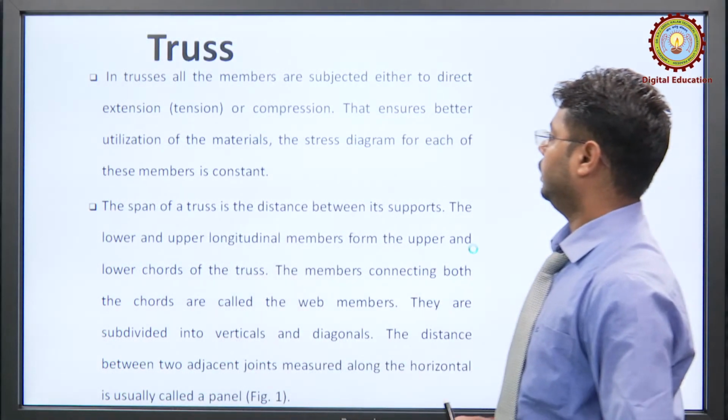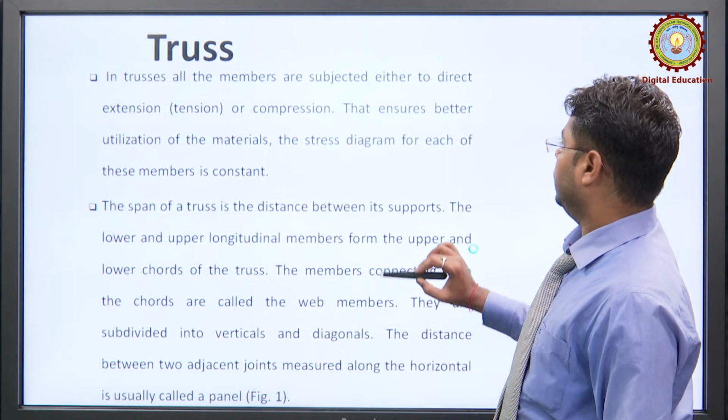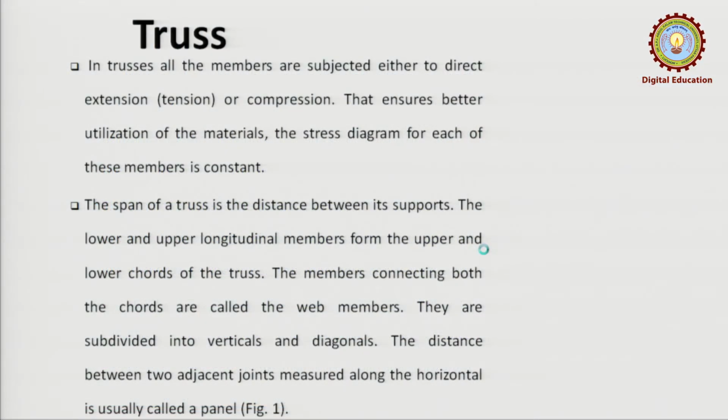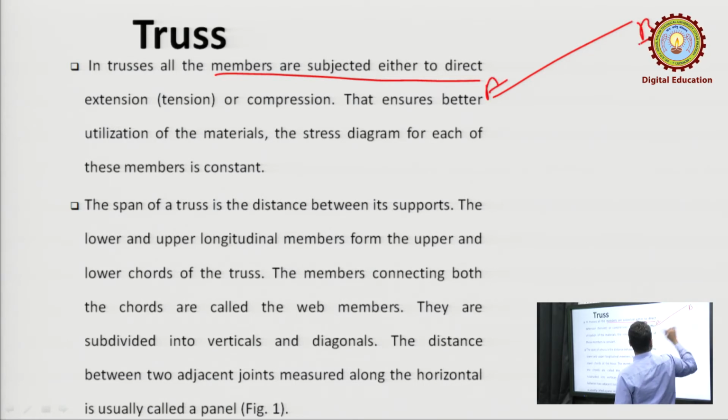Now at this point you can see that it is telling us that the members are subjected either to direct tension or compression. For example, this is your member AB. The member will be either in tension or in compression.